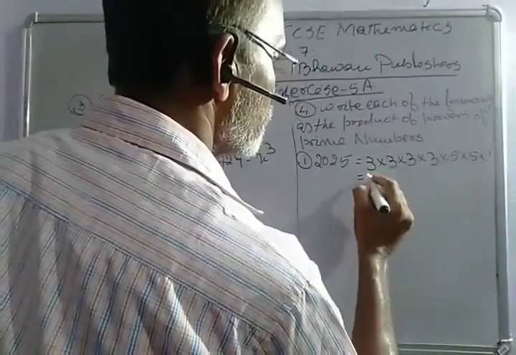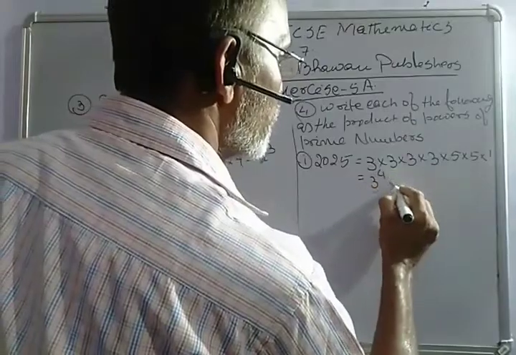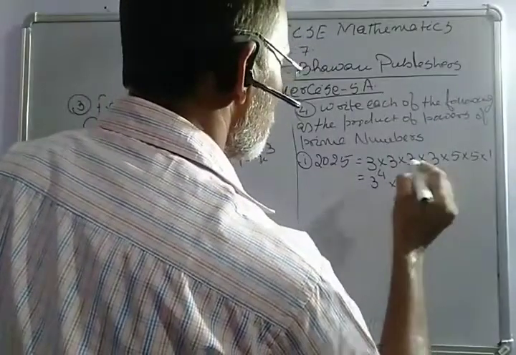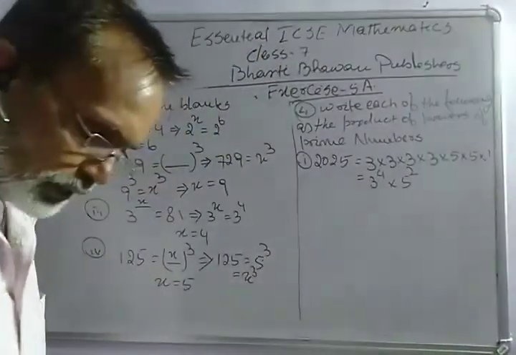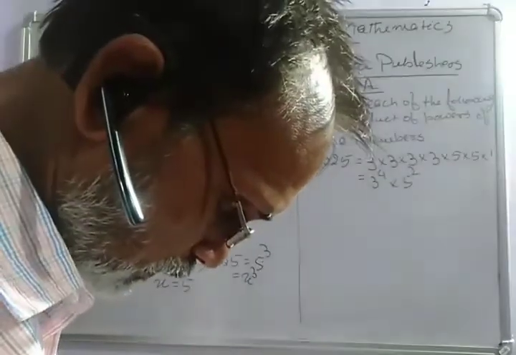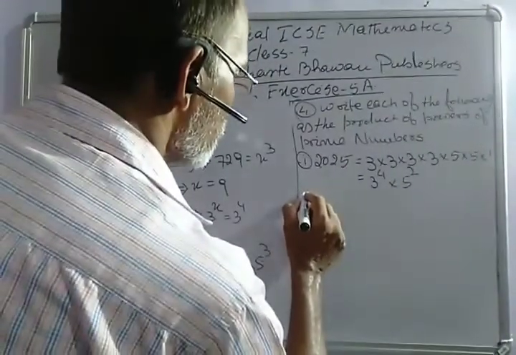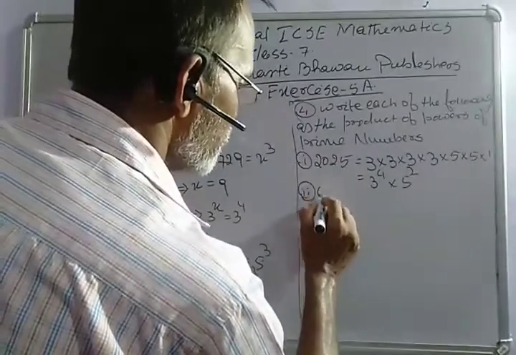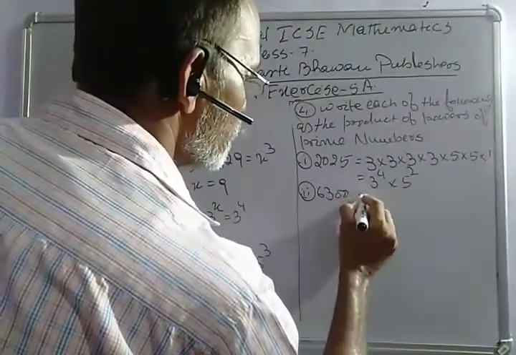So this is equal to 3 to the power 4 into 5 to the power 2. So this is the product. Next one is 6300, number 2.